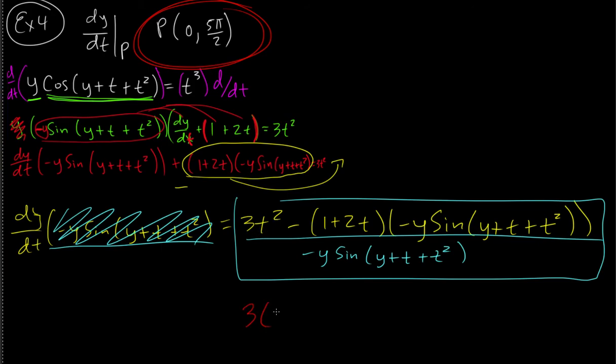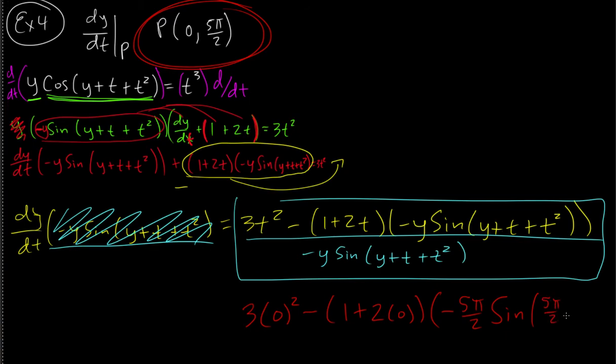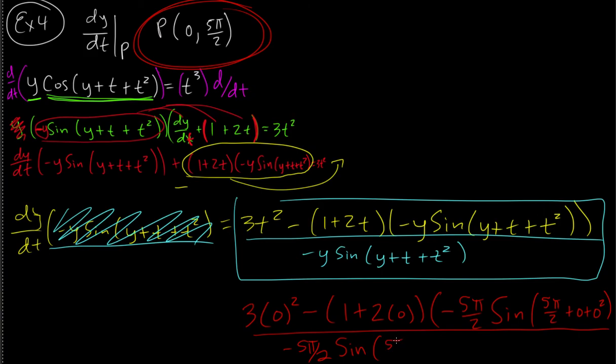So on top, 3 times 0 squared minus (1 plus 2 times 0), negative, and then we have a y, which is 5π/2, sine of y, which is 5π/2, plus 0 squared. The bottom, 5π/2, negative, and then sine of 5π/2, plus 0 squared.